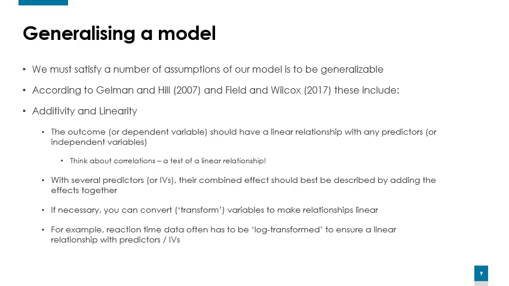There are ways and means that we can work around violations of this assumption. So for instance, if our variables do not appear to have a linear relationship, if they appear to be curvilinear, we can perhaps transform the data to make it better fit a linear approximation.